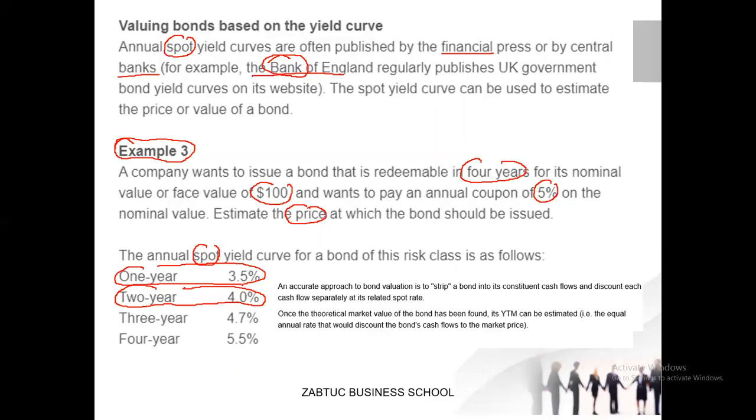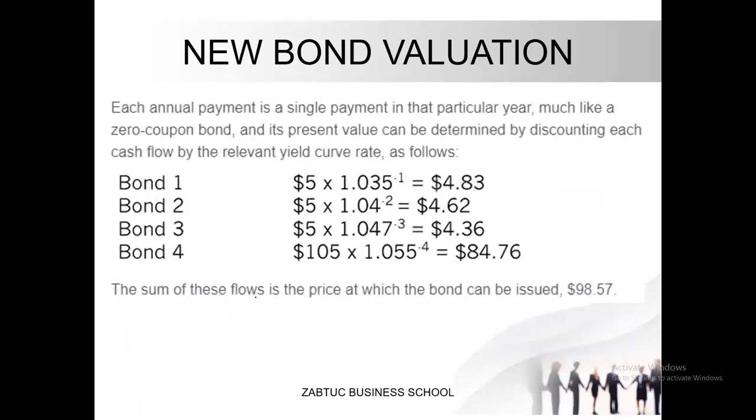So we're going to get the discount factor. What's the discount factor at 3.5% in year 1, 4% in year 2, 4.7% in year 3? That's what we have here.